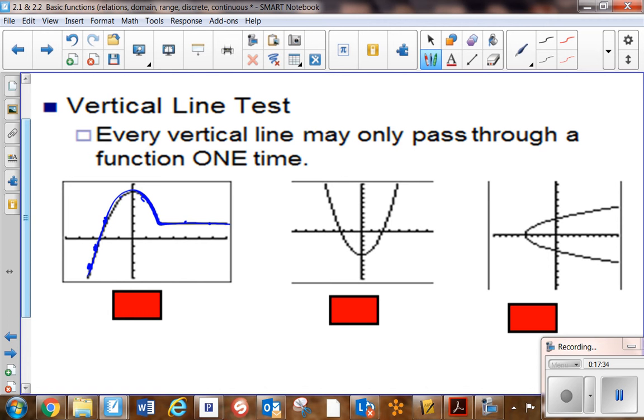The vertical line test says that if you draw a vertical line, you can only hit the function one time. So if I draw a vertical line right here, it's only going to hit the function once. Here, only once. Here, only once. And that's going to happen no matter where I put a vertical line. So that does pass the vertical line test.